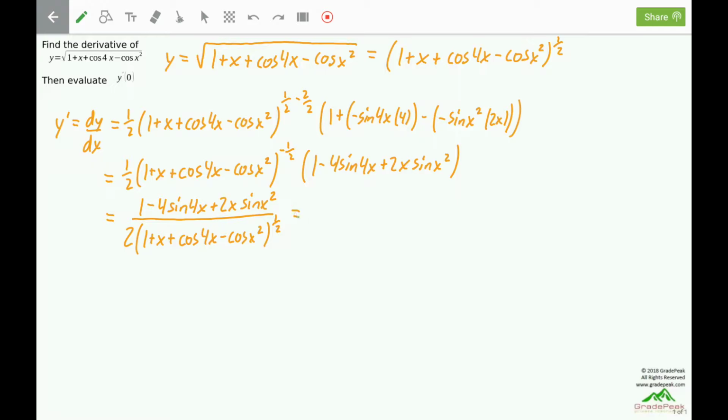Let's rewrite that. 1 minus 4 sine 4x plus 2x sine x squared, all divided by 2 times the square root of 1 plus x plus cosine of 4x minus cosine of x squared.